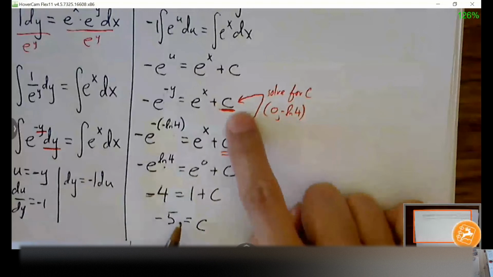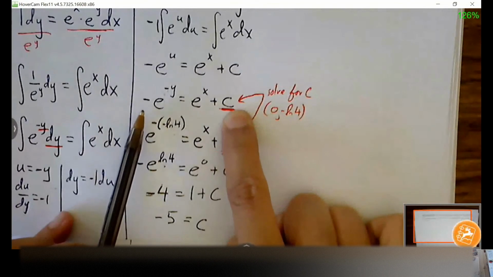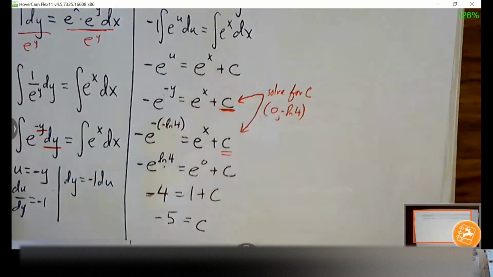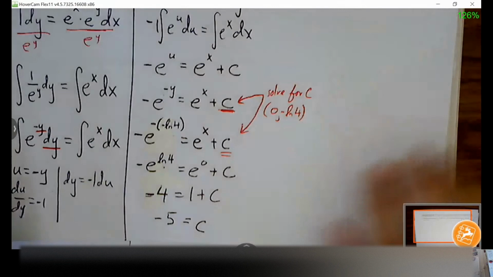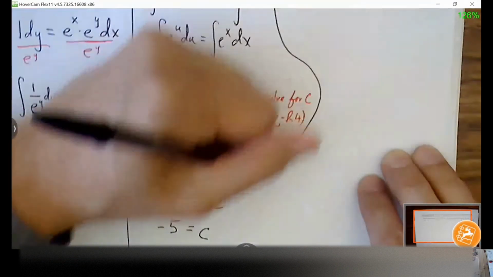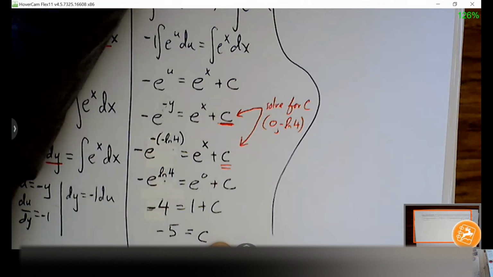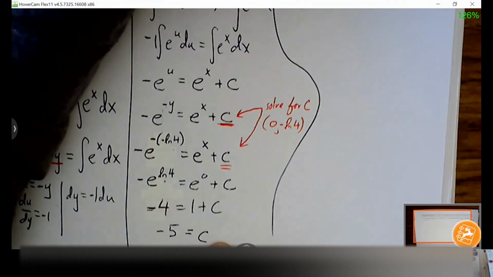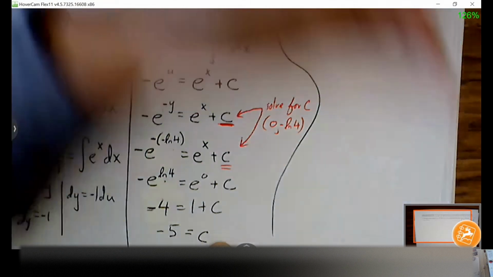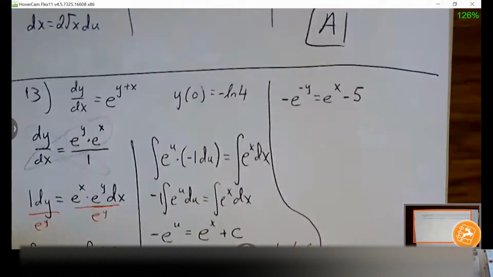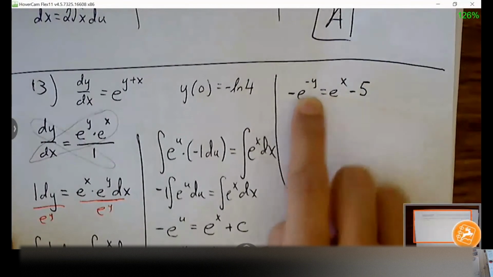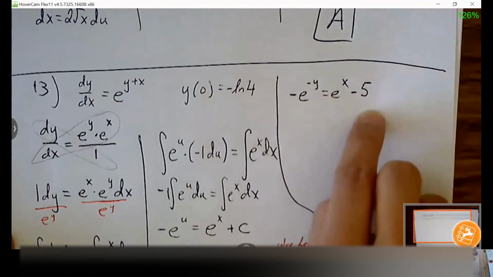Right, so now that I have my c value, I'm going to go back to where I initially made my substitutions and then try to get y by itself. Okay, I want to solve for y, but one thing at a time.